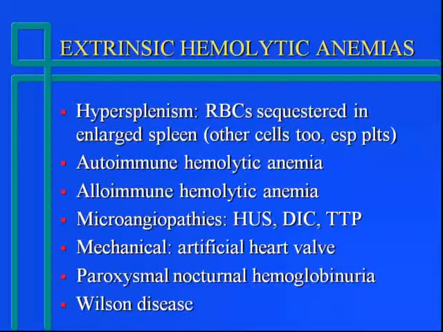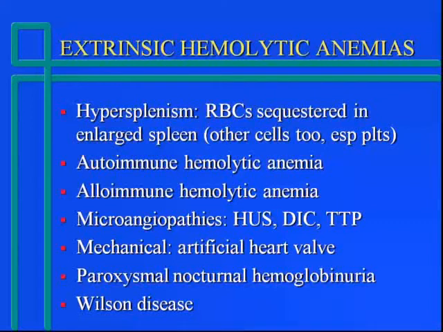Autoimmune hemolytic anemia, alloimmune hemolytic anemia, the microangiopathies, which are really mechanical destruction of red blood cells, including hemolytic uremic syndrome, disseminated intravascular coagulation, and thrombotic thrombocytopenic purpura, which is rare in children.